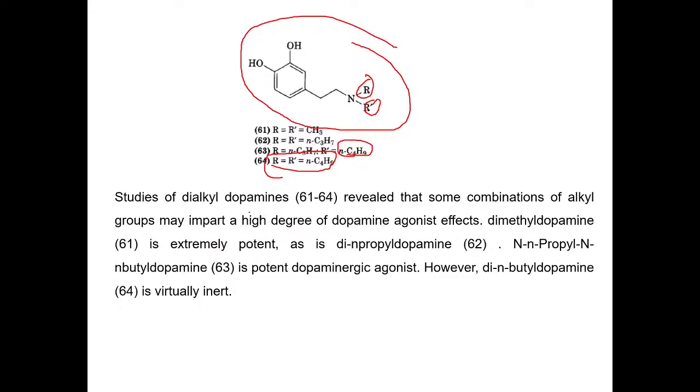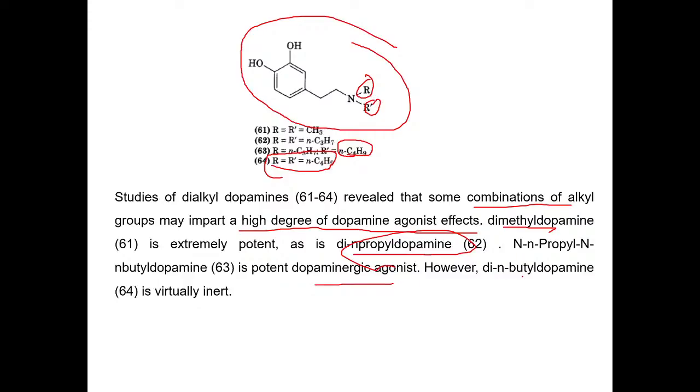So what happened here is, the study of dialkyl dopamine revealed that some combinations of the alkyl groups may impart a high degree of dopamine agonistic effect. For example, dimethyl dopamine is extremely potent, as is di-N-propyl dopamine, whereas N-propyl N-butyl dopamine is a potent dopaminergic agonist.